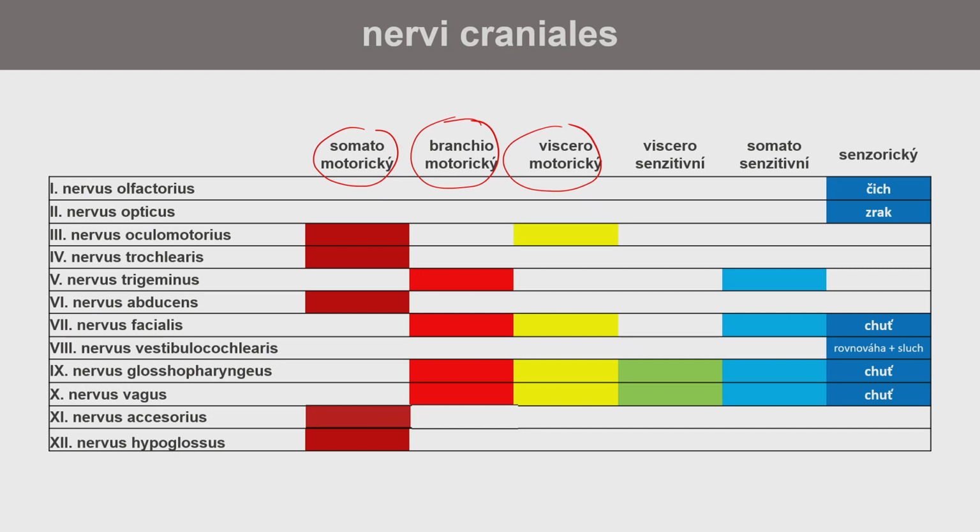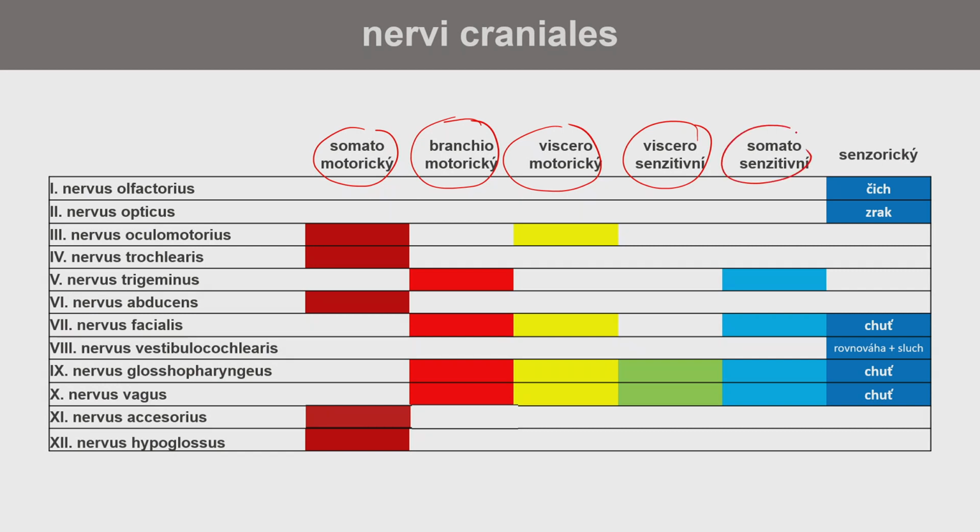Then we have viscerosensitive, or viscerosensory. The viscerosensory is important for sensations of tension and content inside the gastrointestinal tube, but also in those parts which are embryonic gastrointestinal tube, like trachea, bronchi, lungs, nasopharynx.